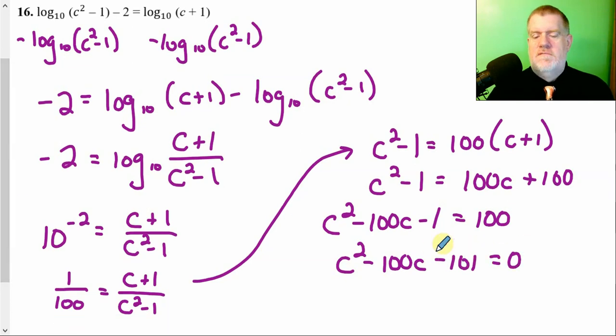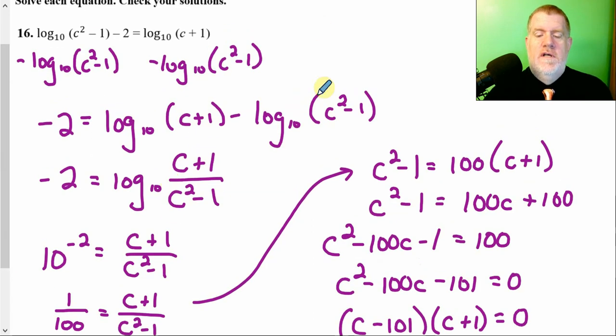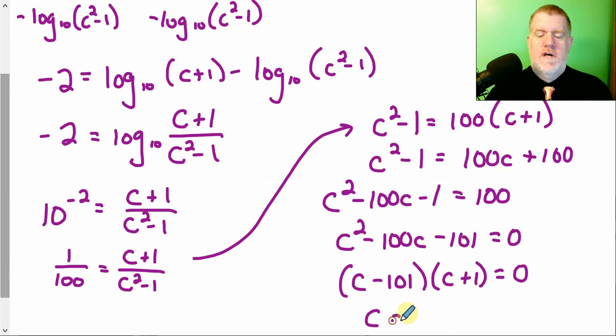If I've got 101, I need to get 100. Well, that's really weird, but doesn't this work? Isn't negative 101 times 1 negative 101, and negative 101 plus 1 is negative 100? It does. So my two potential answers would be c equals 101 or negative 1.